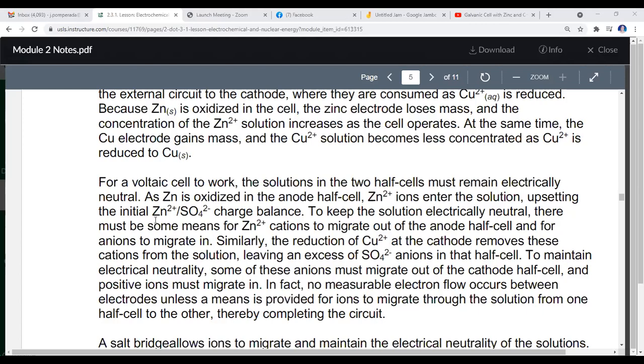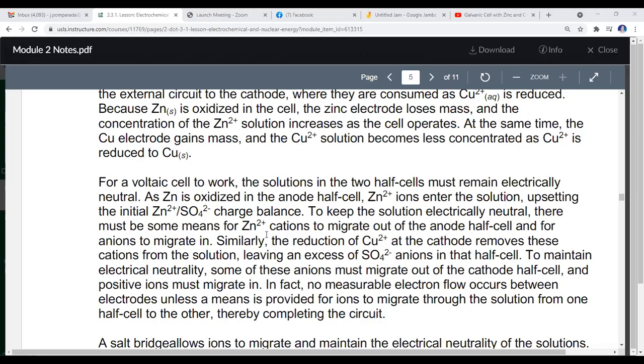The increase in the concentration of the zinc 2+ cation in the solution, where your zinc metal is placed in the anode. To keep the solution electrically neutral, there must be some means for the zinc cations to migrate out of the anode half cell.